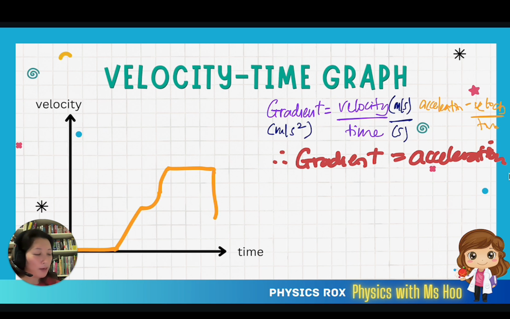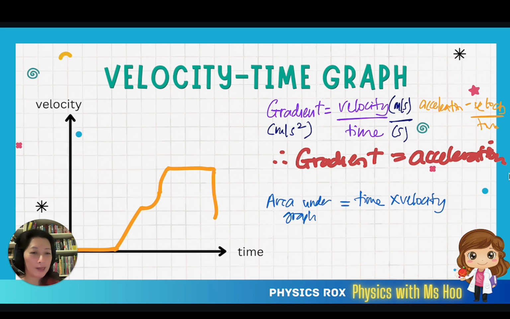Now, before we move on, let's just do a quick check with the area under the graph. For area under the graph, it's the product of x and y. X is time, y is velocity. So which quantity do you know of that is equivalent to the product of time and velocity?